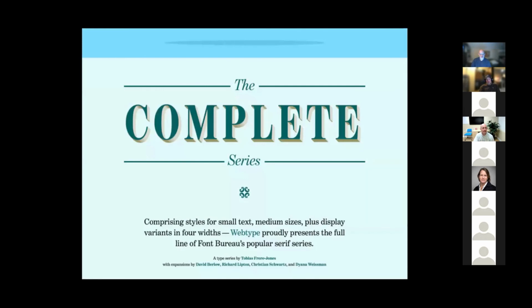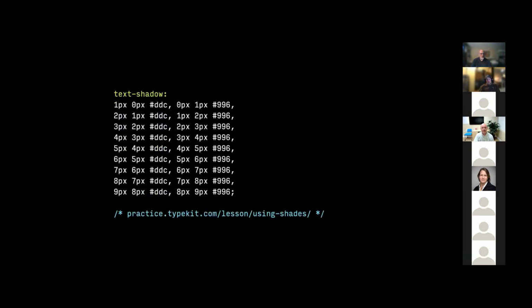The 3D effect on the complete series style was achieved with, of course, multiple text shadows. It has nothing to do with 3D effect, right? But you can definitely use multiple text shadows on the same element, a bunch of them, in fact.